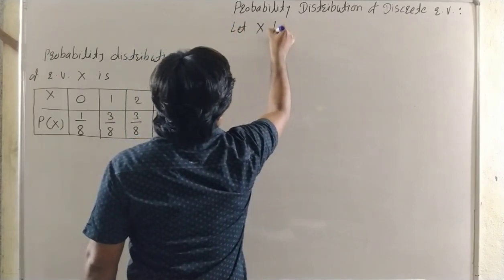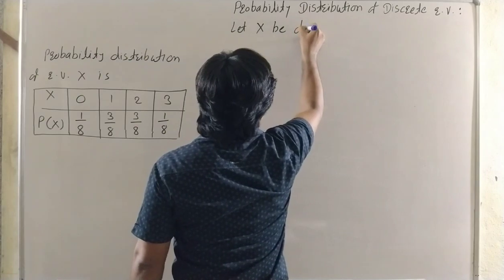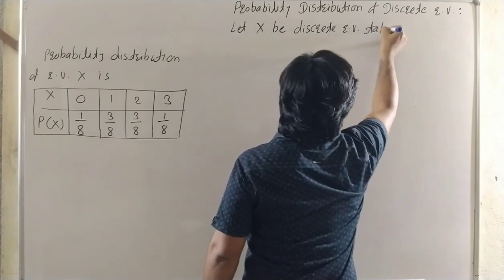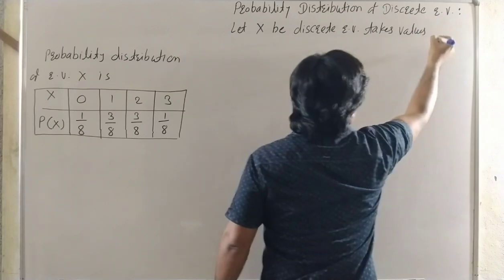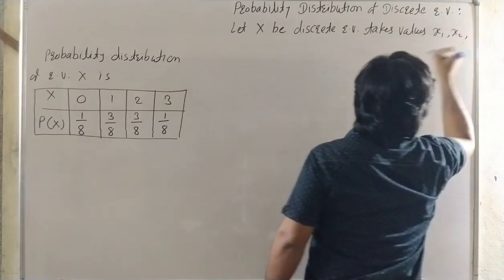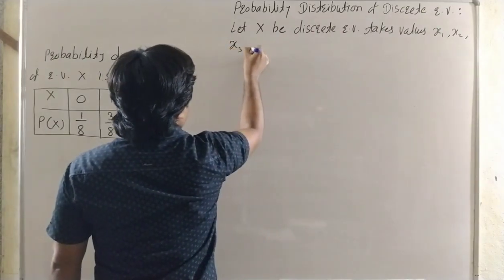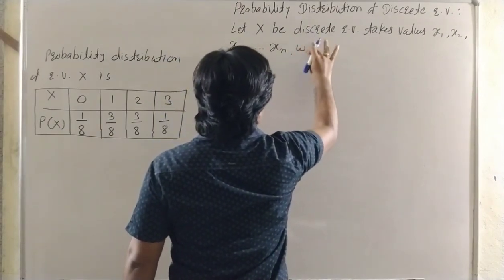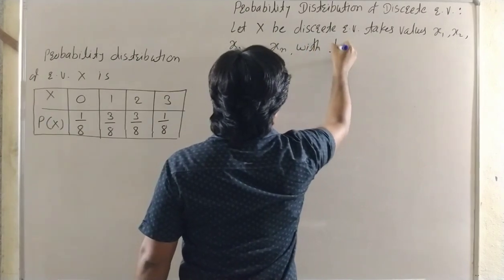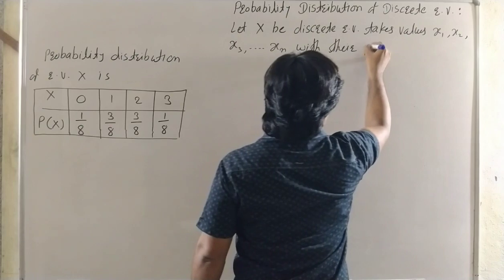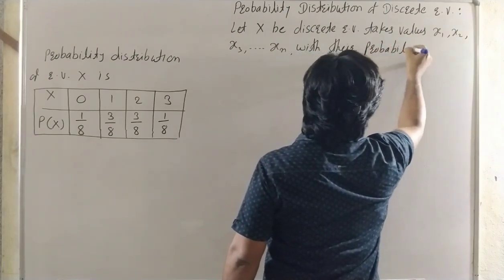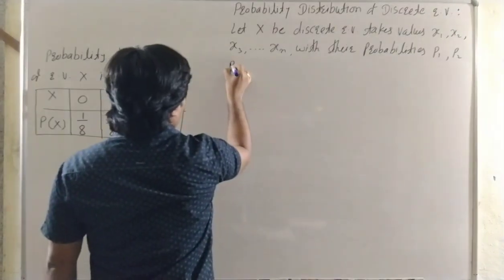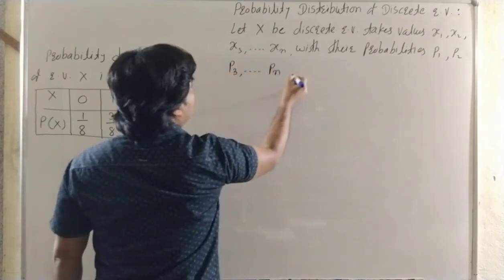Let x be a discrete random variable that takes values x1, x2, x3 up to xn with their probabilities p1, p2, p3 up to pn respectively.